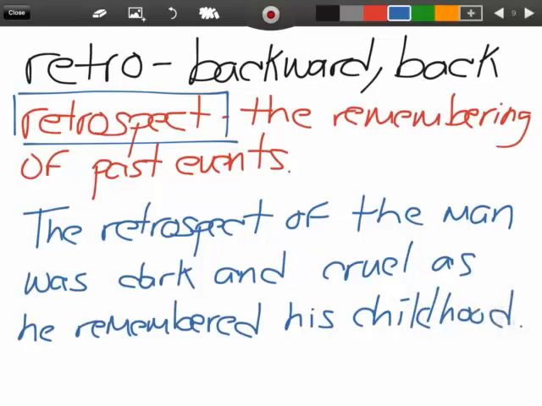I'm going to go ahead and read that to you. The retrospect of the man was dark and cruel as he remembered his childhood.